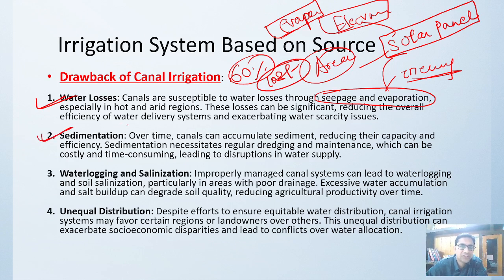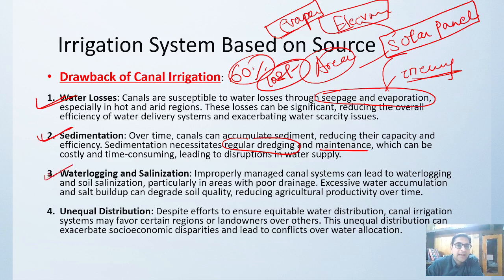Obviously, sedimentation is a problem of every place, even rivers, dams, seas, tanks, whatever it is, wherever you are storing the water. After a few years, you will see the water holding capacity will decrease because of the sedimentation below it. So regular dredging and proper maintenance has to be done.